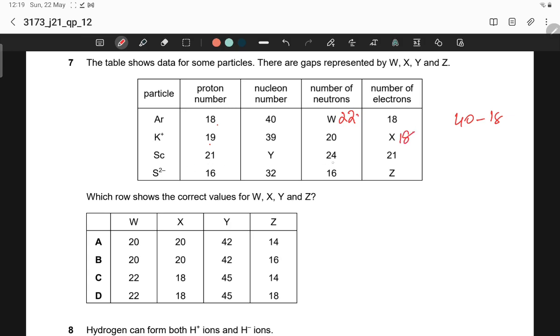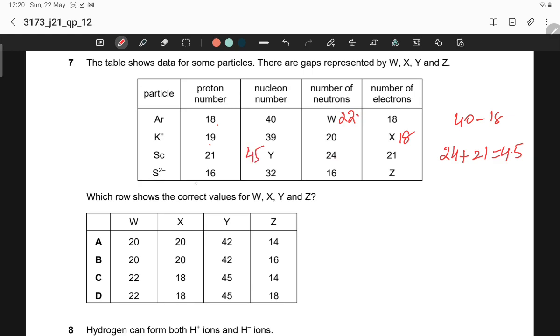Scandium 21, 24: the number of protons is 21, the number of neutrons is 24, so 24 plus 21 is equal to 45.